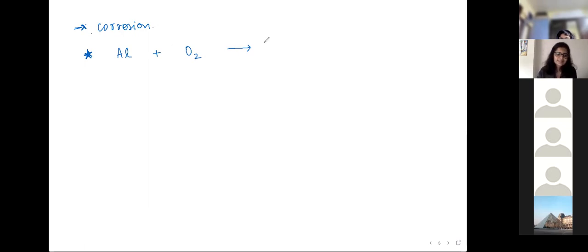Al2O3. Yes, both of you are right. So you get aluminium oxide, whose formula is Al2O3. Now, the special thing about aluminium oxide is it is stronger than elemental aluminium, or let's call it aluminium metal itself. That's a compound. And because aluminium oxide is stronger than it, aluminium does not corrode.